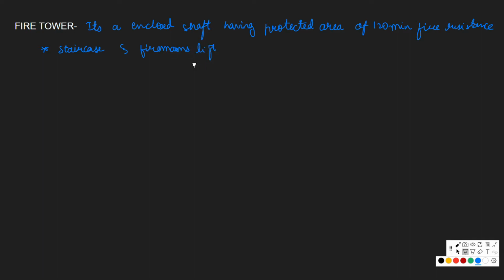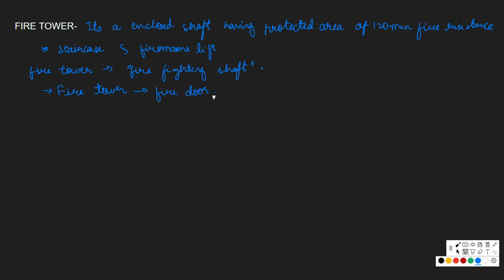Usually a fireman's lift is nothing but a lift which is used only in case of a fire accident. Fire tower is also called a firefighting shaft, and all the entries for the fire tower are given using fire doors to maintain the safety of that shaft. So this is about the fire tower.